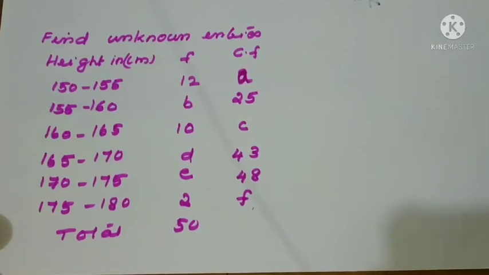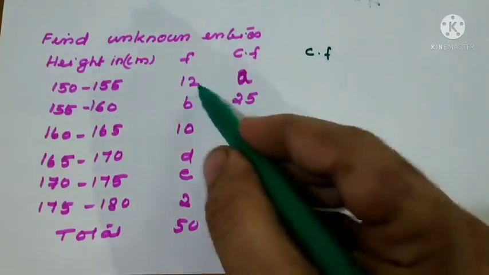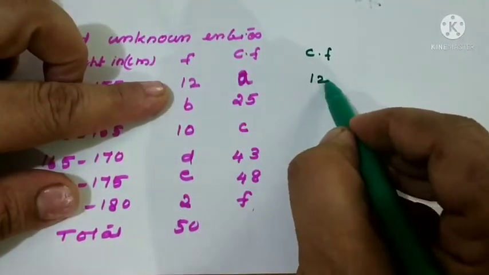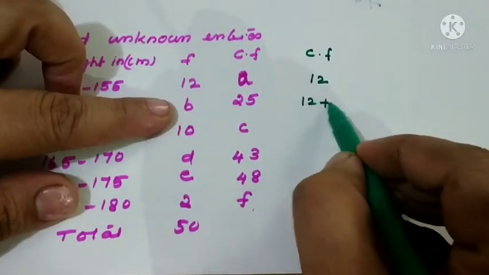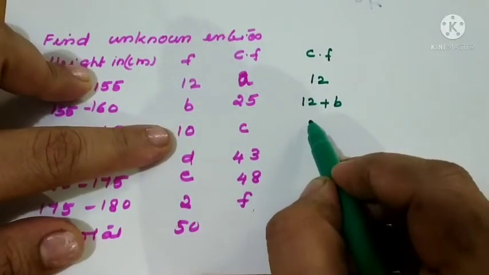In this type of question where CF is given, it's very clear that it is a median interval problem, so it's cumulative frequency only. So we will write our own cumulative frequency, that is 12, right? Next will be 12 plus b, next 22 plus b only.